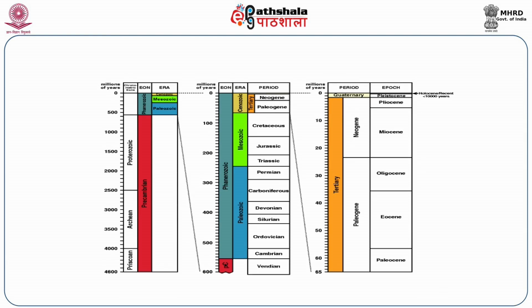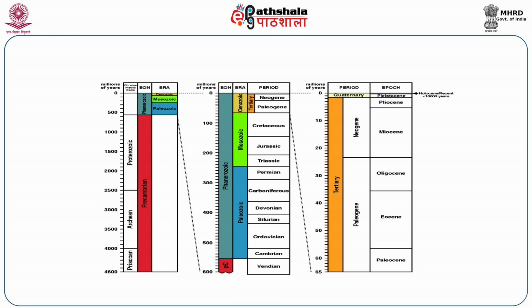The oldest rocks date back to roughly around 4.5 billion years ago, and the geological formations beginning from 4.5 billion years ago to about 500 million years ago have been referred to as Precambrian rocks. This Precambrian period is divided into Prehistoric, Archean, and Protohistoric.